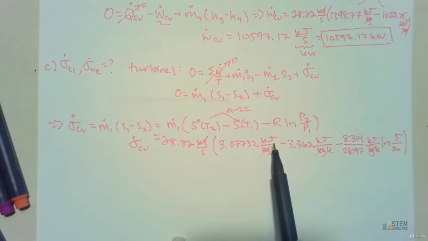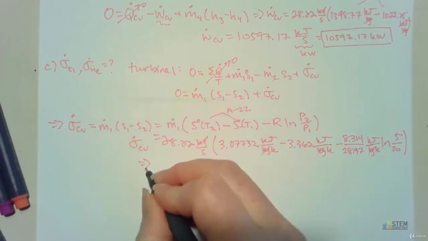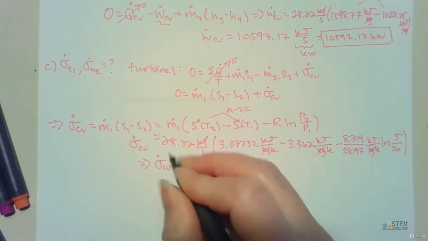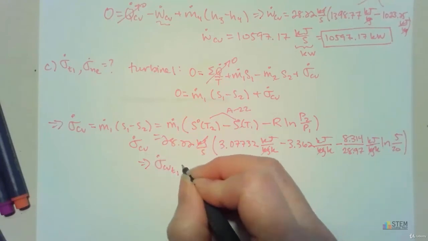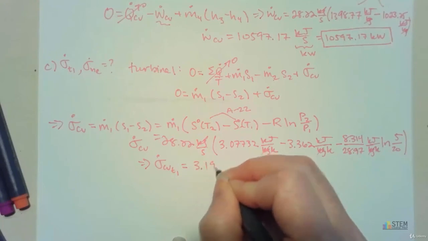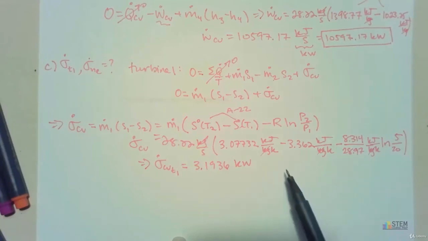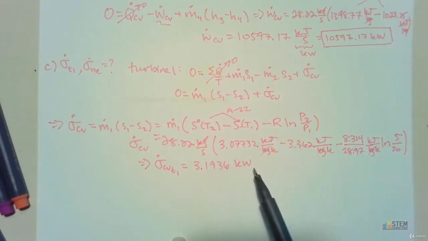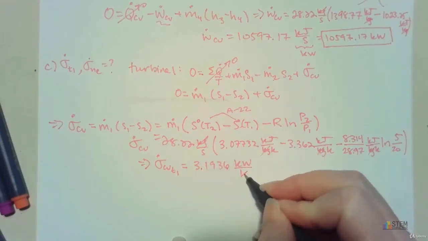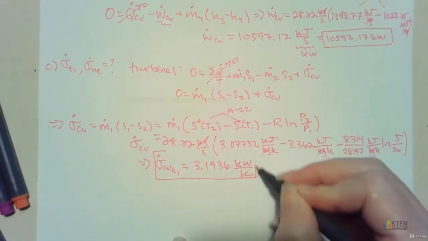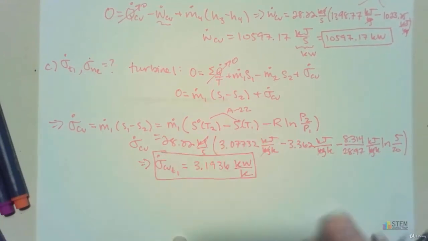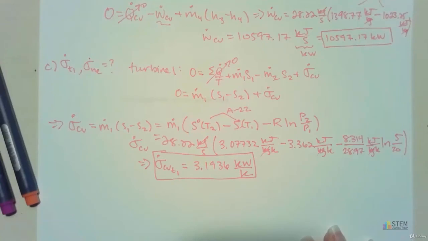Now we're going to end up with units of kilojoules per second Kelvin. So our rate of entropy production for turbine 1 is going to be 3.1936 kilowatts per Kelvin, because remember, kilojoules per second is a kilowatt. So there is your first answer for part C. Now we got to do the same thing for the heat exchanger.